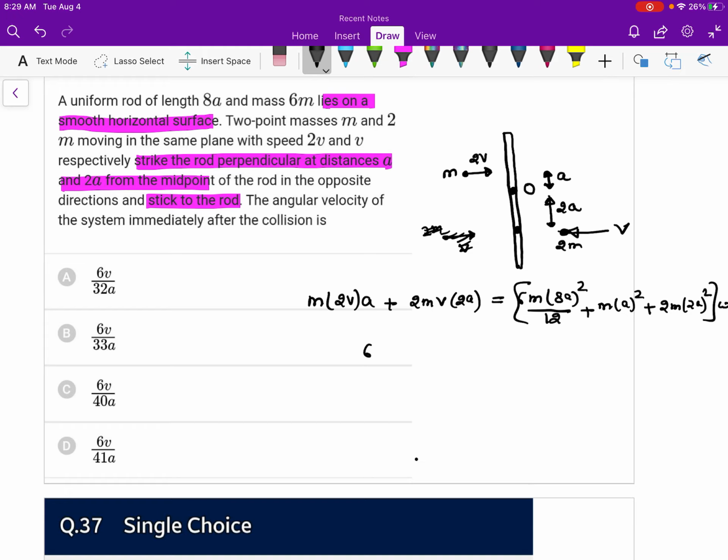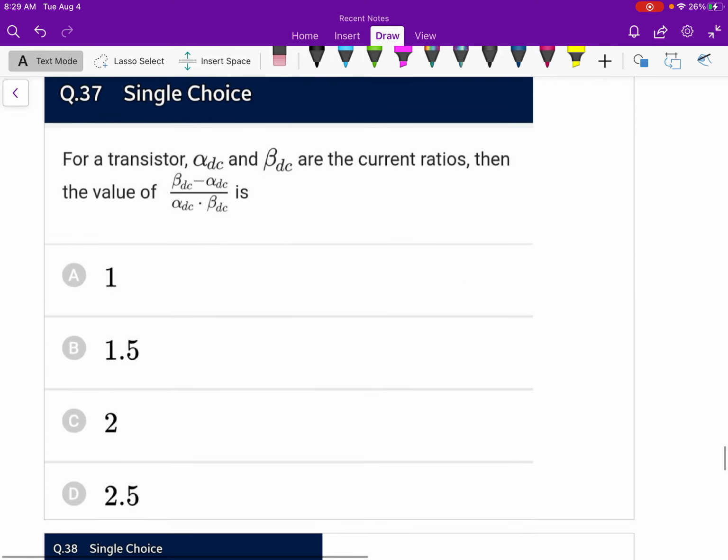So this is 6mva, and m a square is common, so 32 plus 1 plus 8 into omega, so omega is 6v by 41a. So D is the correct option.